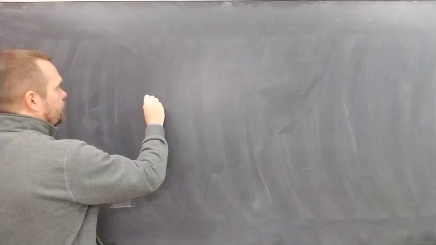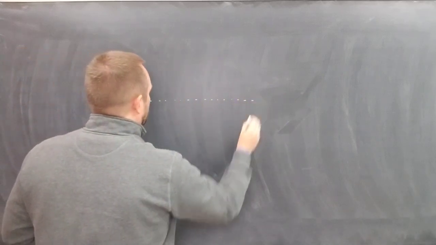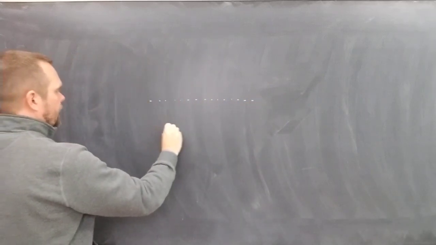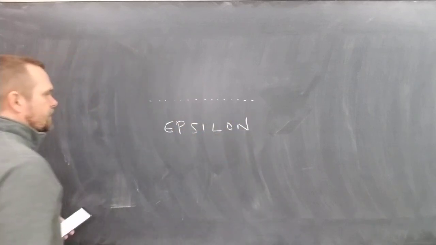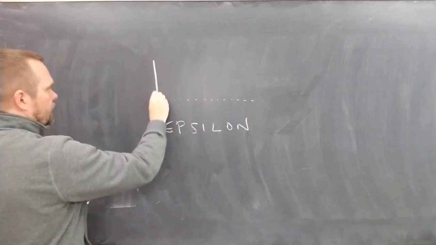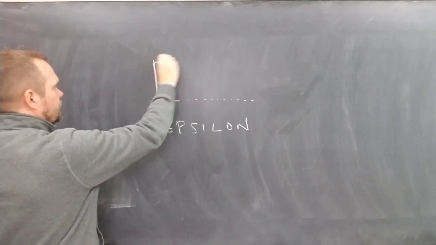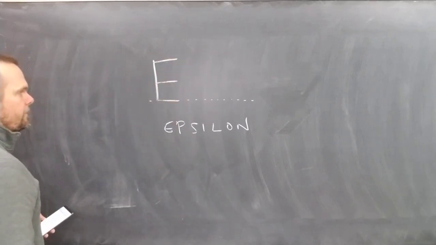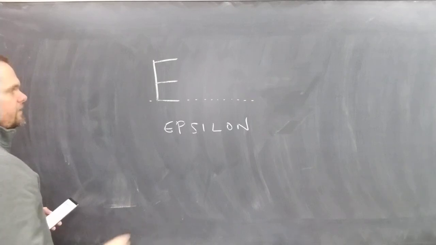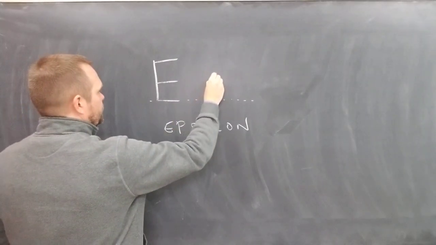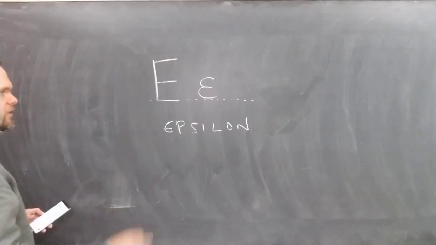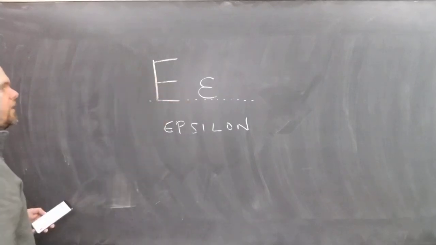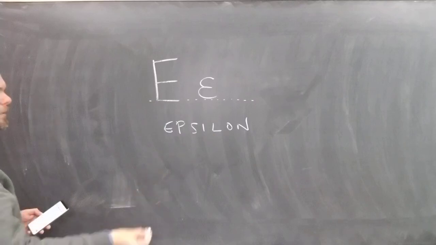The fifth letter, sorry, is going to be epsilon. Epsilon. The uppercase letter looks just like an uppercase letter E. And the lowercase E is simply a fancier version of a smaller form of that E, easy to remember.